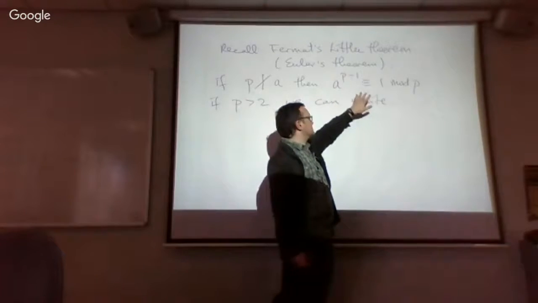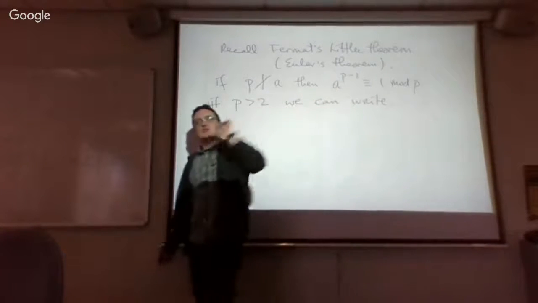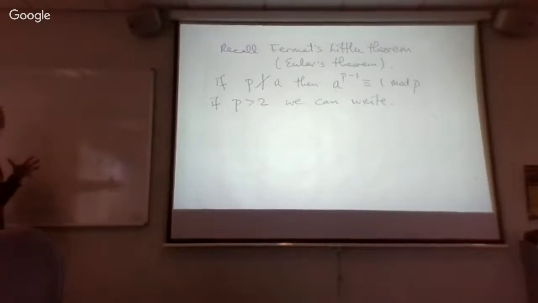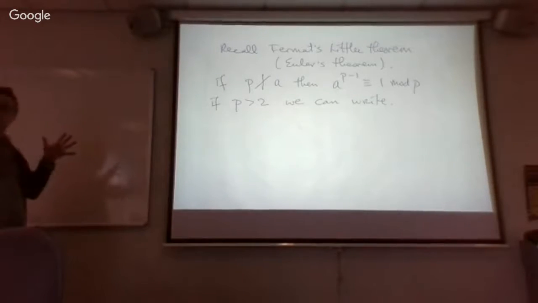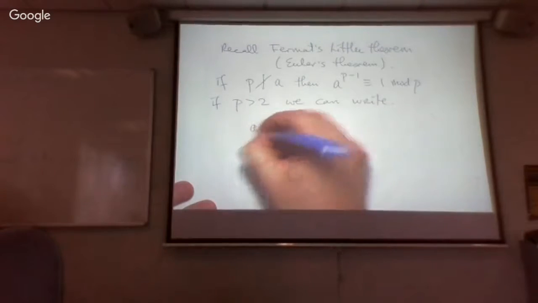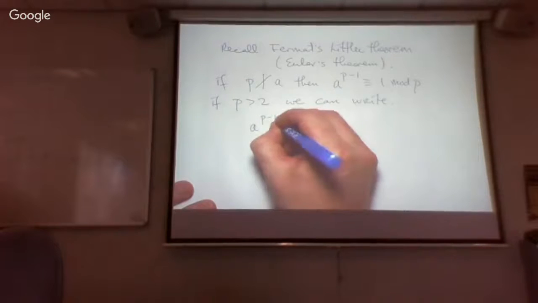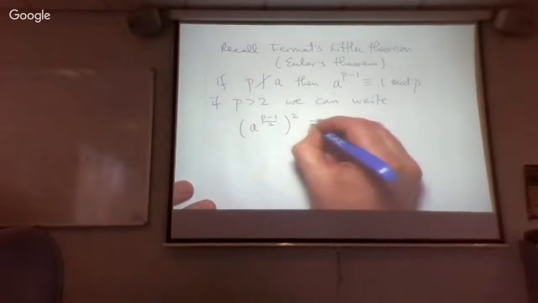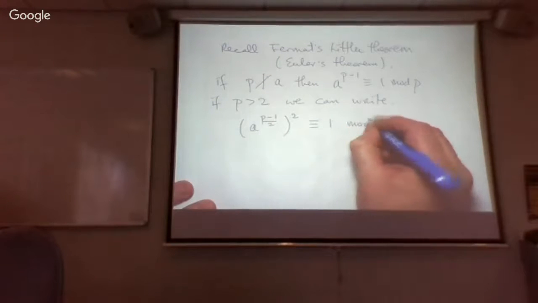The square root will simply be a to the power of p minus 1 over 2. You take the square root of a large power by simply halving the power. So we can write that a to the power of p minus 1 over 2, when you square it, you get 1 modulo p.